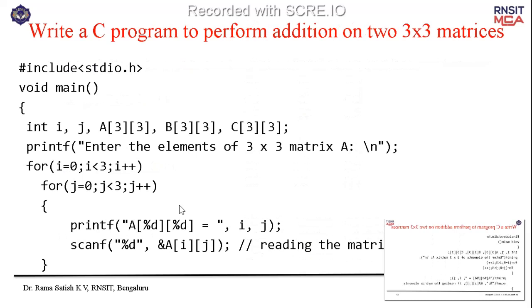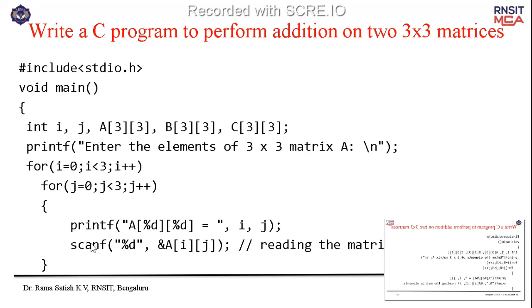Okay, right. So we write a C program to perform addition of two 3 cross 3 matrices. 3 cross 3 means 3 rows and 3 columns.